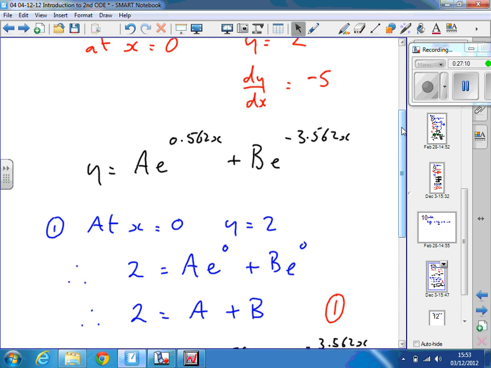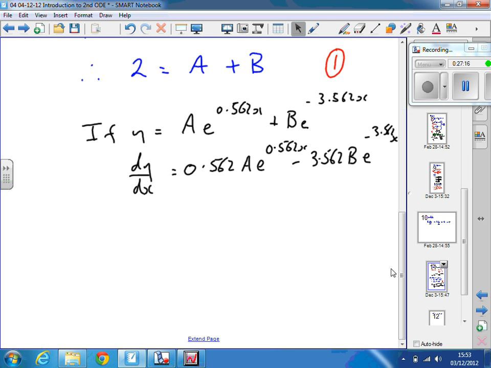Now, when x equals 0, dy by dx equals minus 5. So when x equals 0, the differential is minus 5.